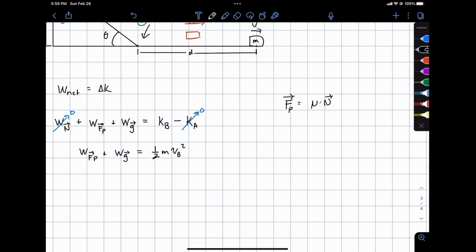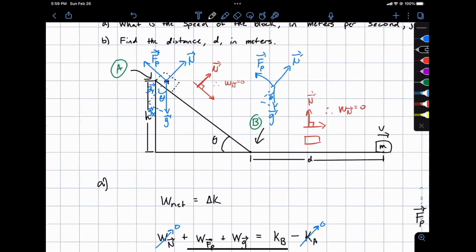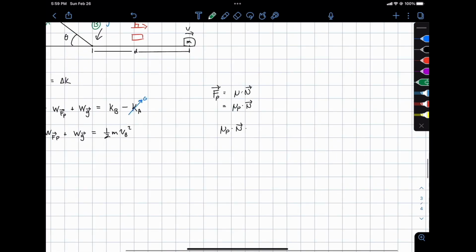In this case, it's supposed to be mu p times the normal force. And since this is work, it is force times distance, so mu p times normal force times the distance it travels. And what is the distance it travels? Well, the distance that it will travel is this plane. So what is the length of the plane? I'll label it as x, and we'll leave it here for now.